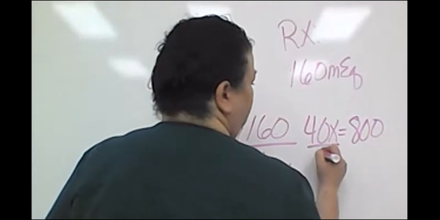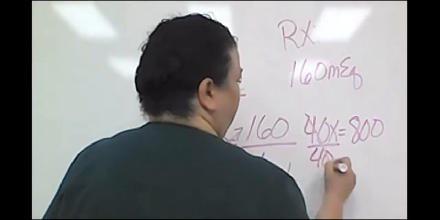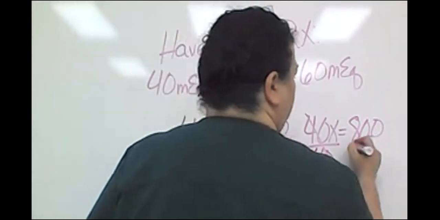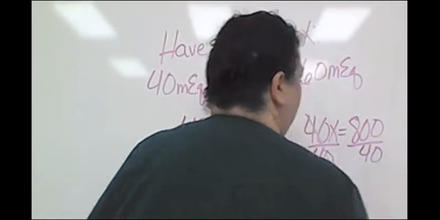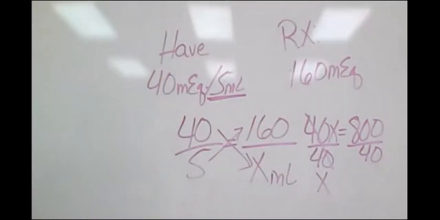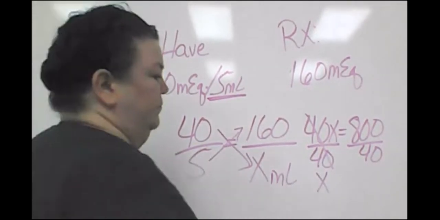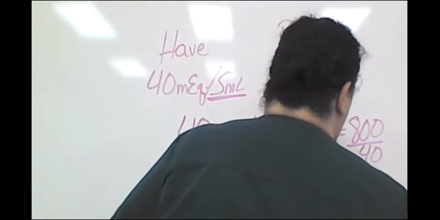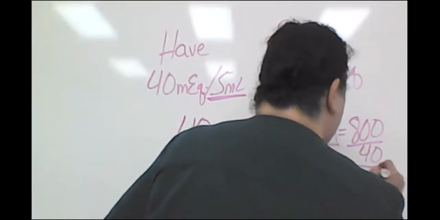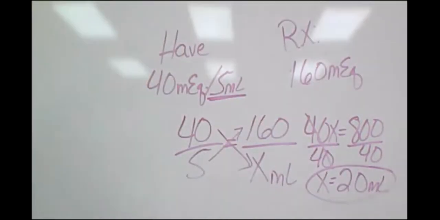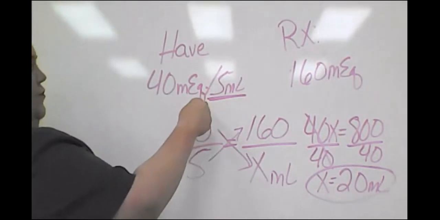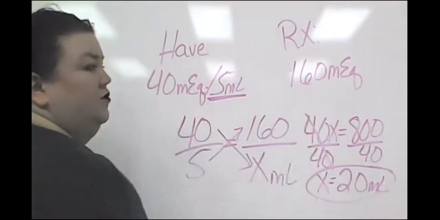The X is being multiplied by 40, so we must divide by 40 to cancel it out. And what we do to one side of the equal sign, we have to do to the other side of the equal sign. And 800 divided by 40 means that I need 20 milliliters of this stock solution to obtain this strength.